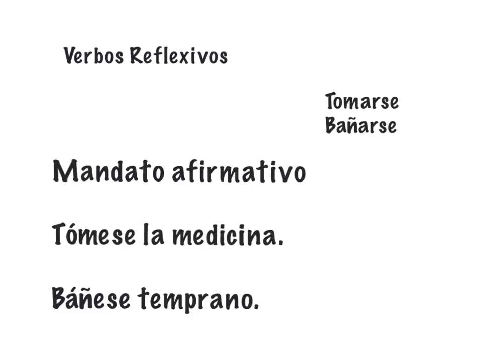What you're going to change is the form of the verb. For example, tomarse, tómese la medicina, báñese temprano. You can see that you have to put an accent in the first syllable. You're going to conjugate in the subjunctive, and you're going to add the pronoun at the end of the verb.